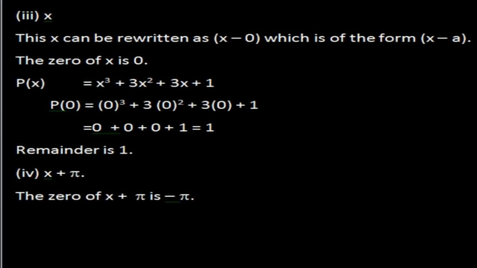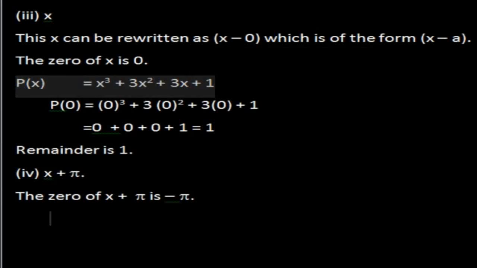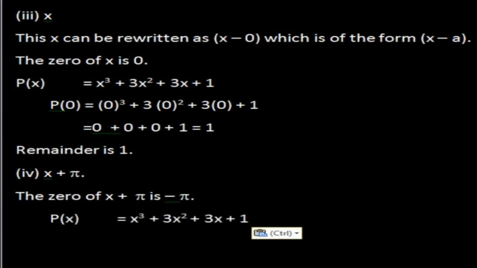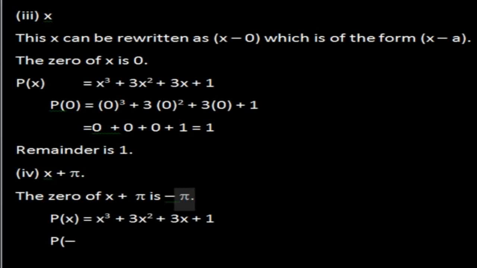The given polynomial is the same polynomial: p of x is equal to x cube plus 3x square plus 3x plus 1. The zero here is minus pi, so this minus pi will be substituted here.